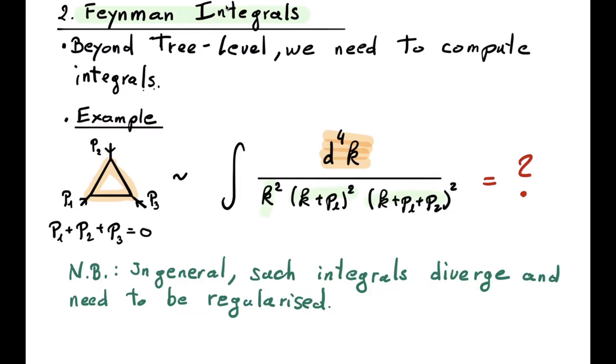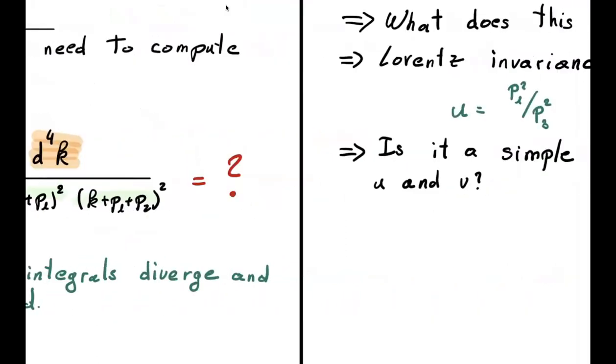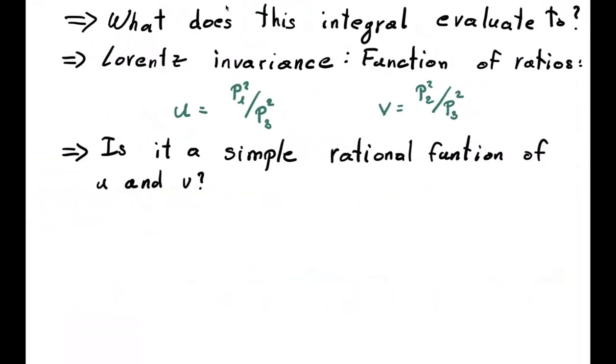I'm not going to talk about that here too much, but I want to focus on what comes out of this integral. So the first thing you can say that's quite easy is that this integral is Lorentz invariant, and therefore, well, naively, it was a function of the 3 external momenta, but by Lorentz invariance, it can clearly only depend on the ratios between the invariant masses.